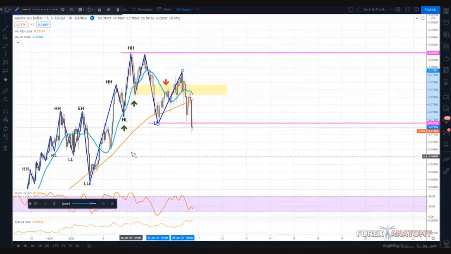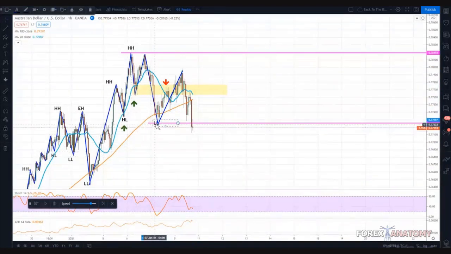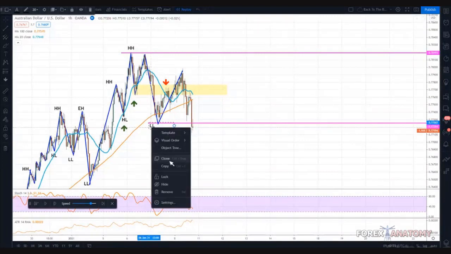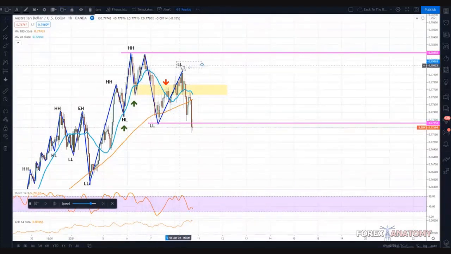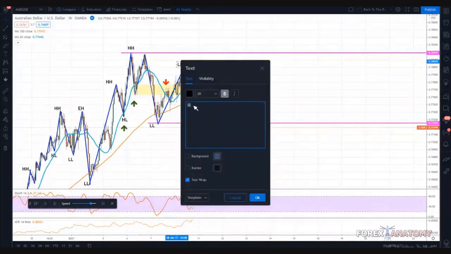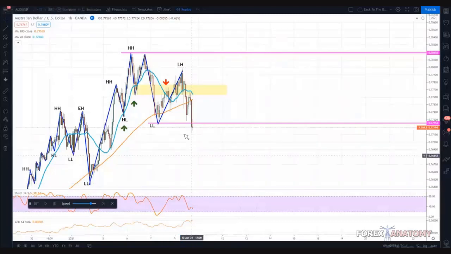But right here, we have this lower low, and let me clone this, and we have a lower high. We went from a lower low to a lower high right here, and then from there, that's when price fell lower.